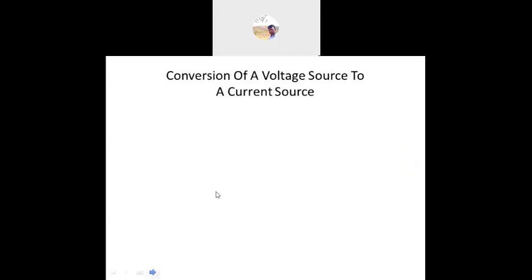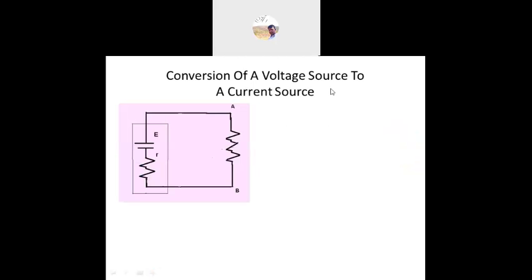Now we have the conversion of a voltage source to a current source. When solving problems, we have to convert a voltage source to a current source.